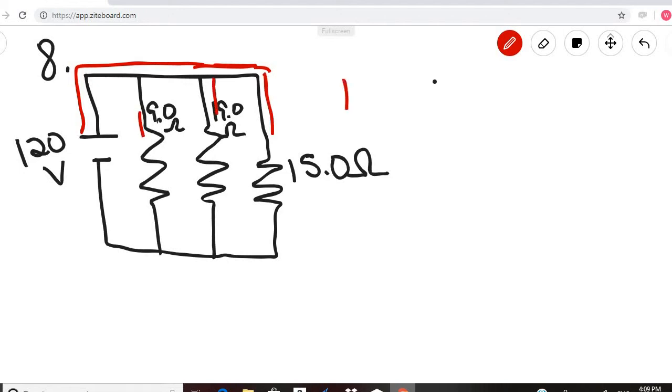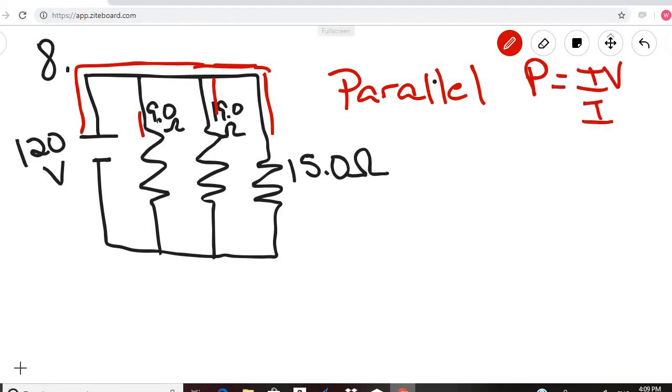So that tells us that all these resistors are in parallel. And the question we are asked is to determine the power. So again, power is equal to I times V or I squared R.